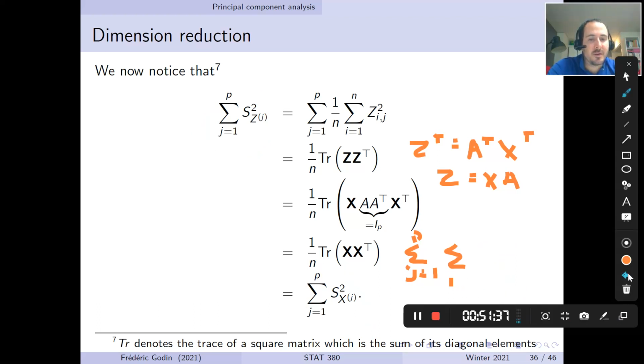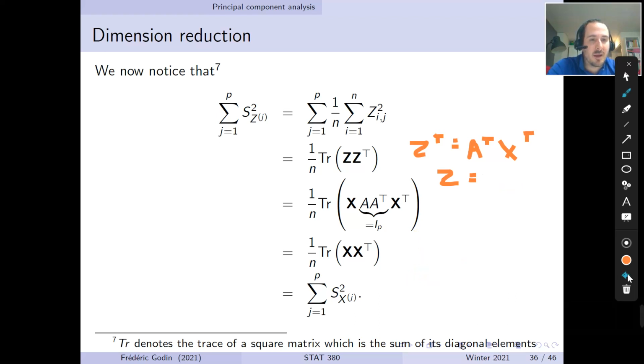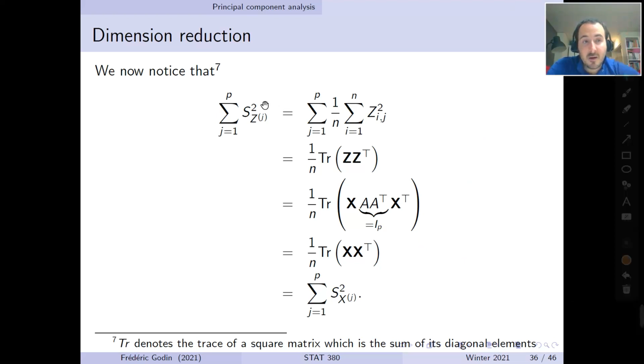And why is this useful? This is simply to show, as we've discussed in the previous lecture, that the sum across all predictors of the sample variance of that predictor is invariant with respect to the basis we're choosing.